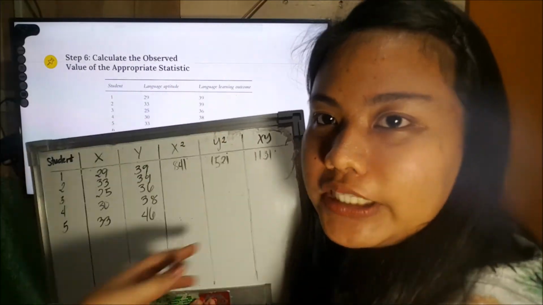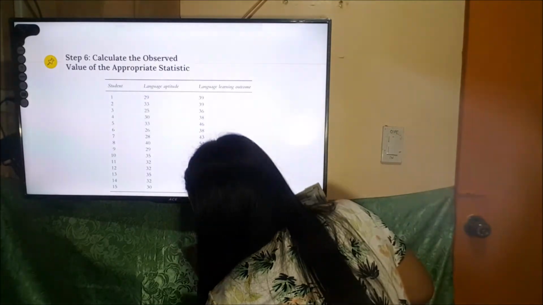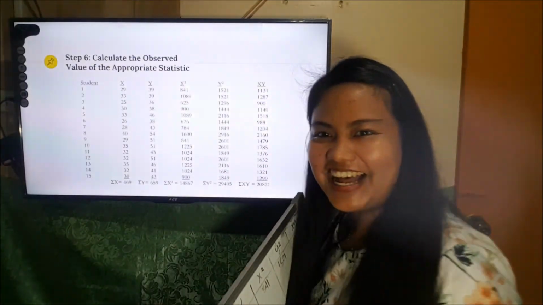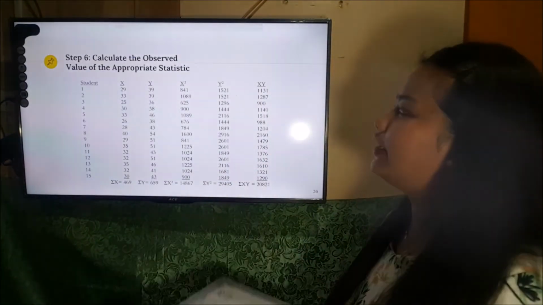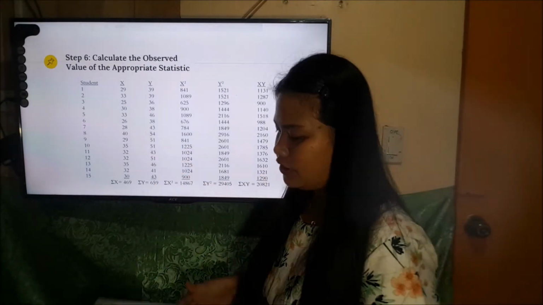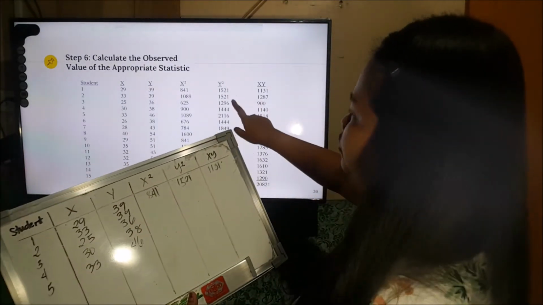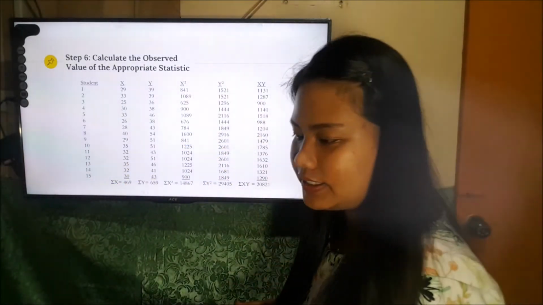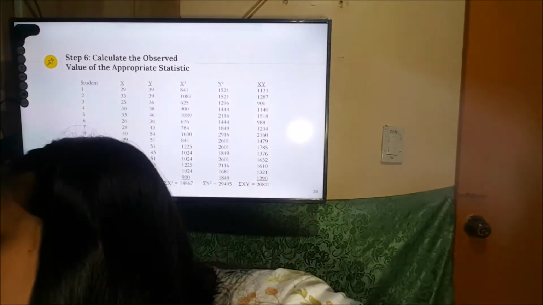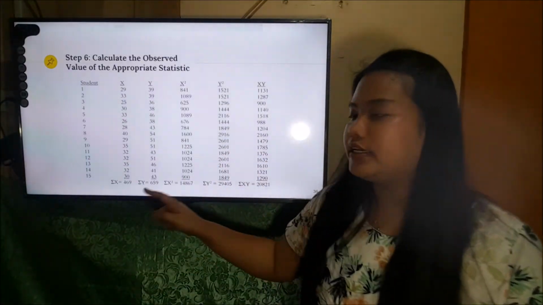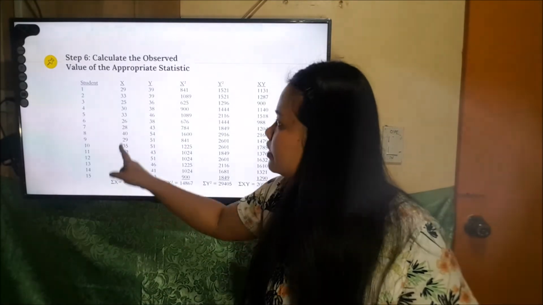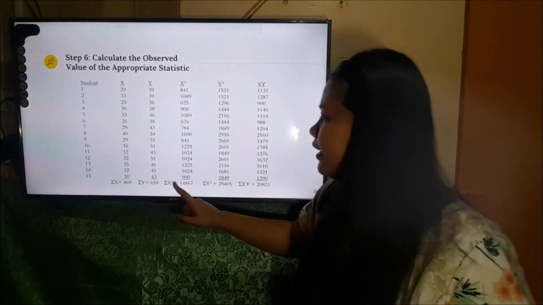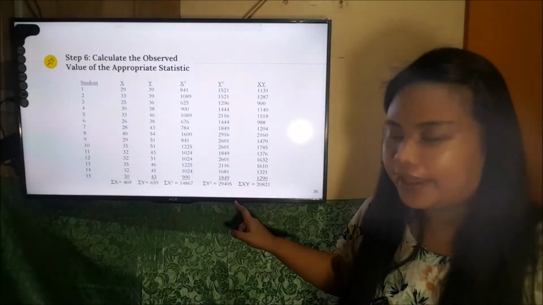And if we're going to continue this would be the result. Ta-da! Okay? Are we correct? 841, 152, 111. Yes. So this is the final table. As I was saying a while ago, you put a summation here, summation of x, summation of y, and so on. Okay?